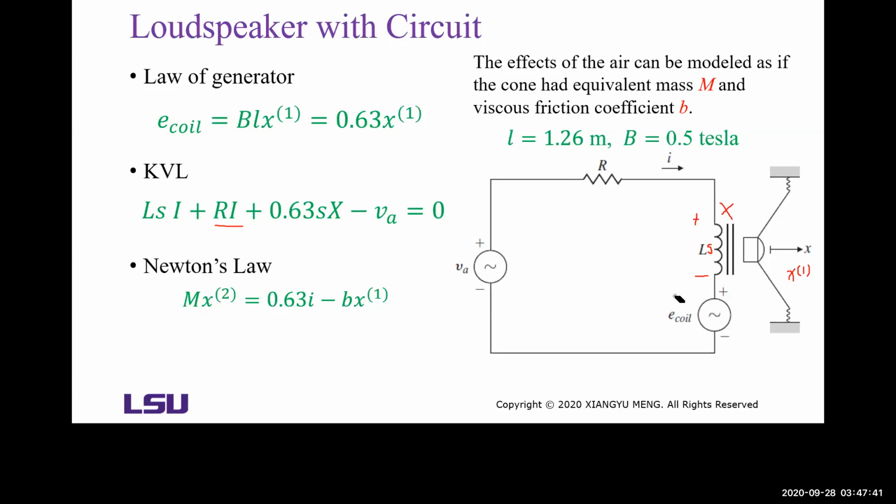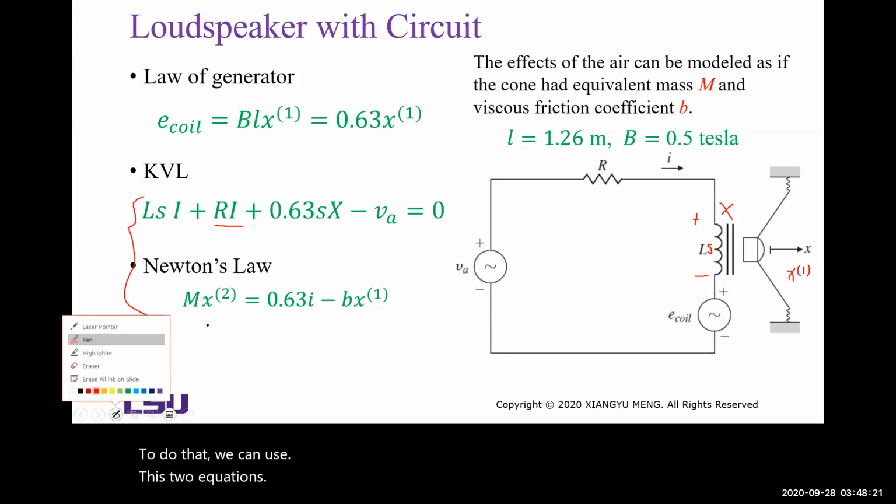Now, if we take the motion of the cone as output and VA, the voltage source, as input, then we can obtain a transfer function from the voltage to the motion of the cone. To do that, we can use these two equations.